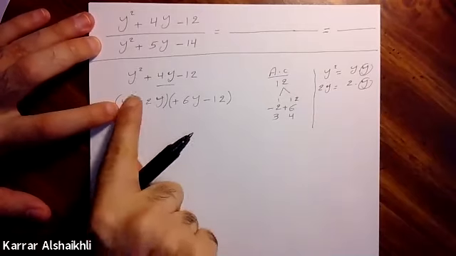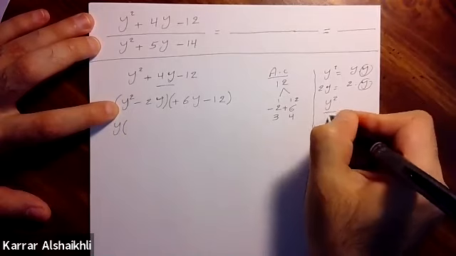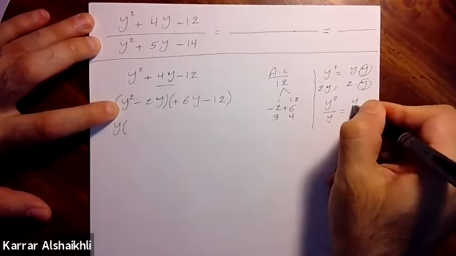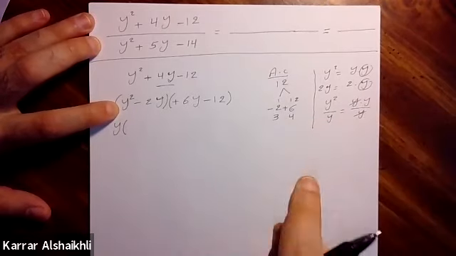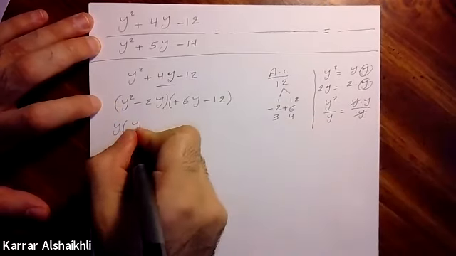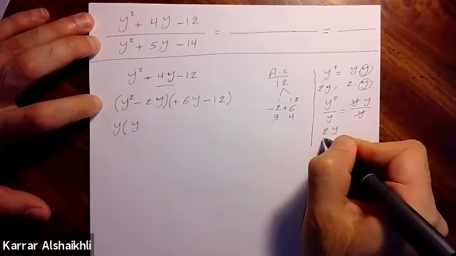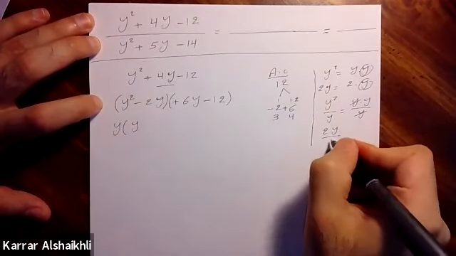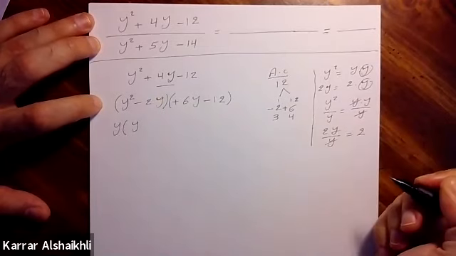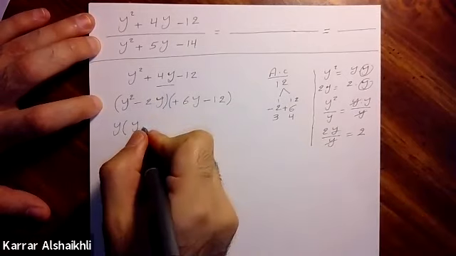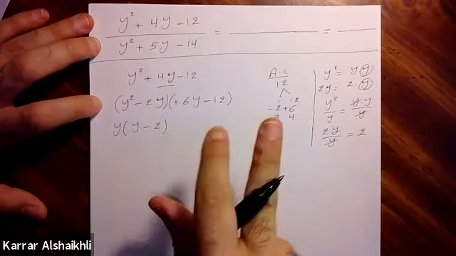Divide y squared by y. That means y times y divided by y, cancel one y, the leftover is just y. Divide 2y by y. You're going to cancel the y, so it's going to be only 2. That means y minus 2. Close the parentheses. Let's go to the second part.